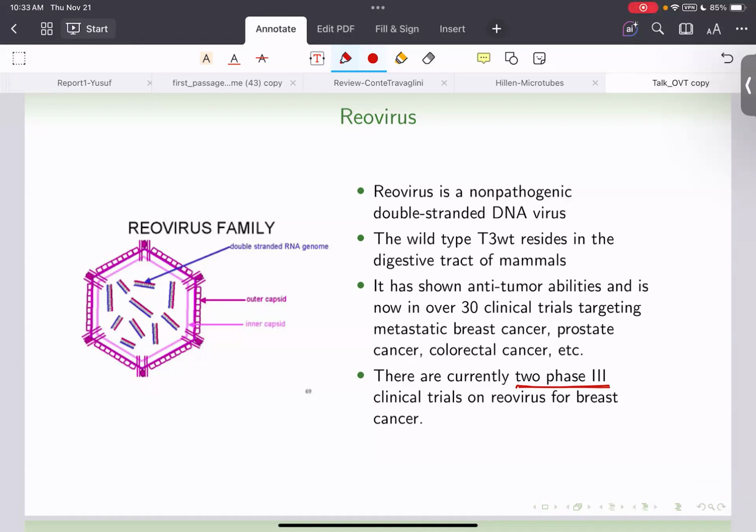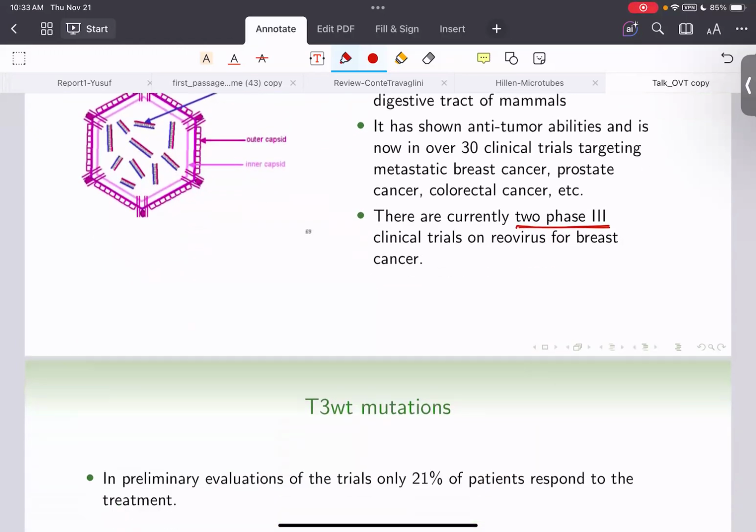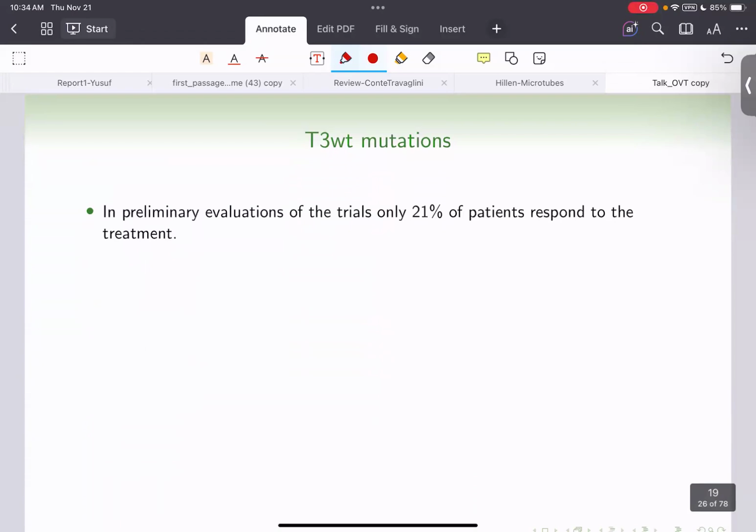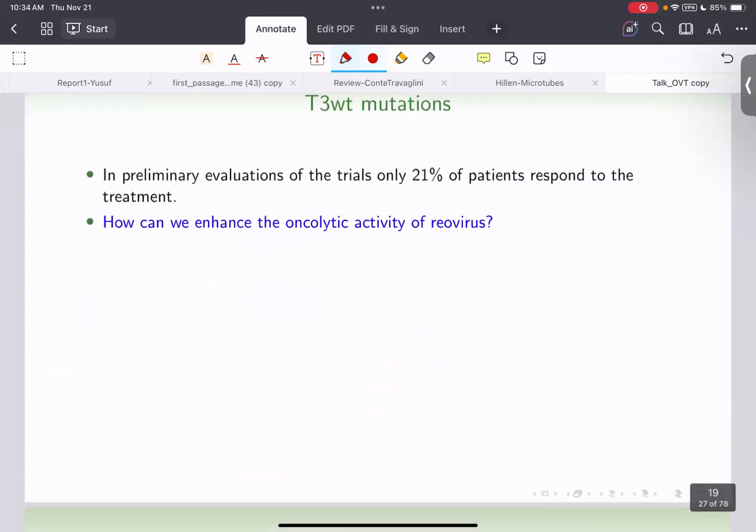So now it's really tested on patients to see how they react for breast cancer. However, in a preliminary evaluation of the trials, only 21% of the patients respond to the treatment, and this is not enough. We want close to 90% of patients to respond.